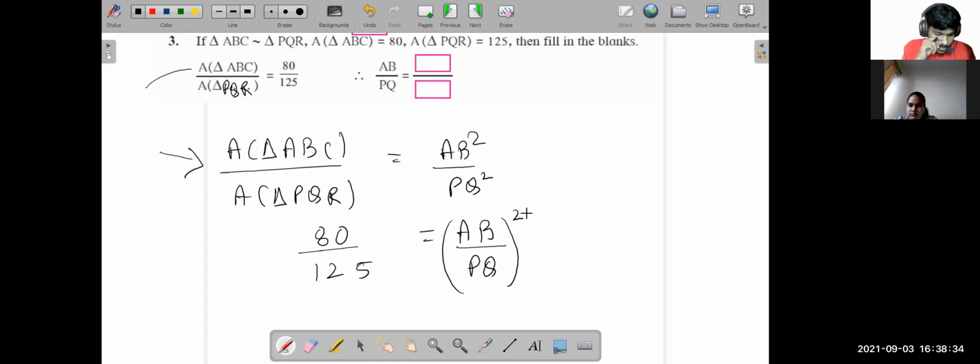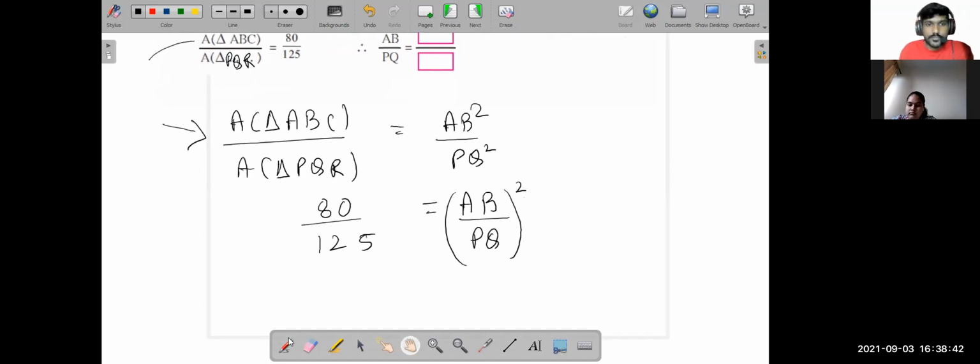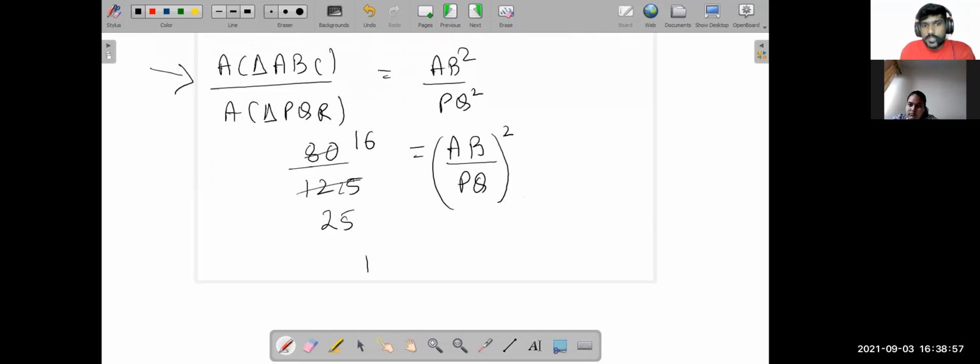So now what you have to do is reduce this side. 5 2s are 10, 5 5s are 25. 5 1s are 5 and 5 6s are 30. So this becomes 16 upon 25 equals (AB upon PQ) square.